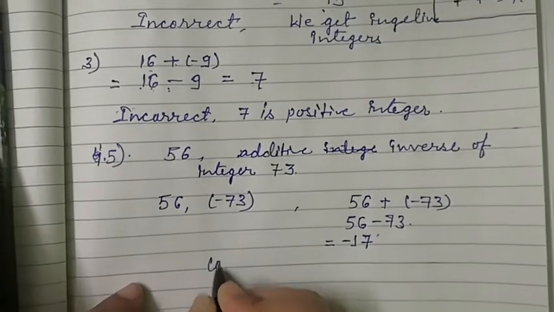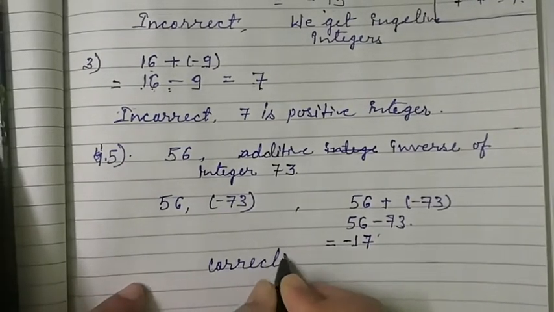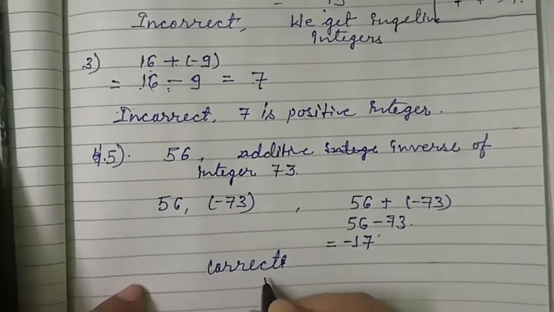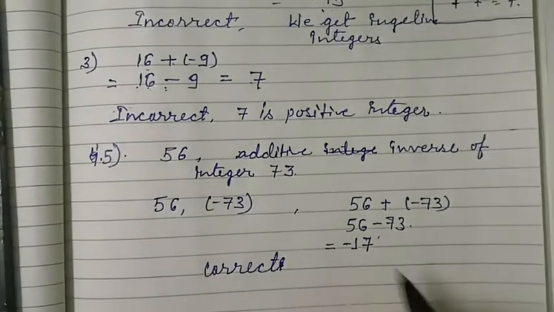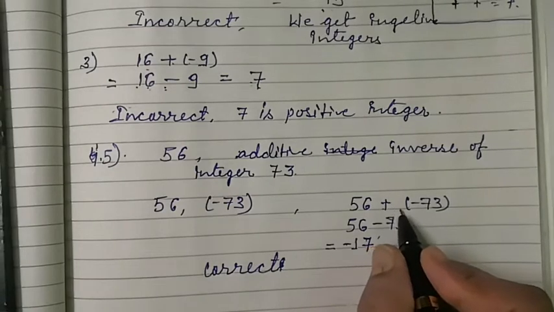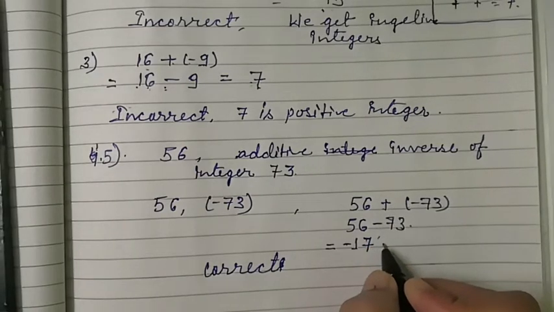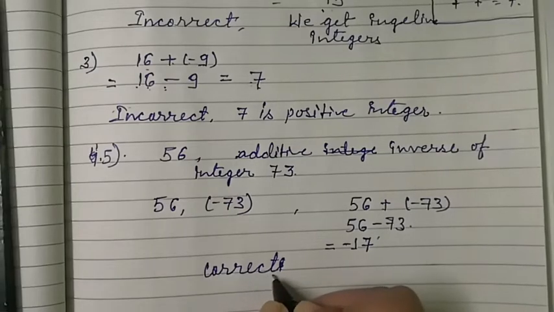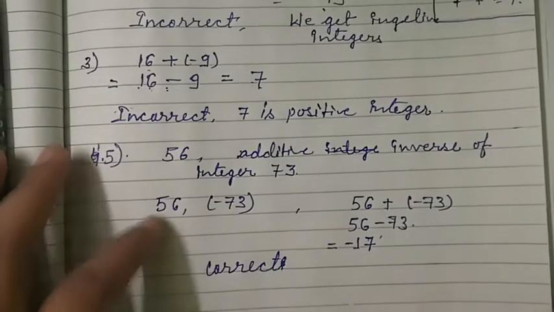So this is correct. This is correct because we are subtracting here. We start with addition, but finally we subtracted. So this is correct. Now see the sixth one.